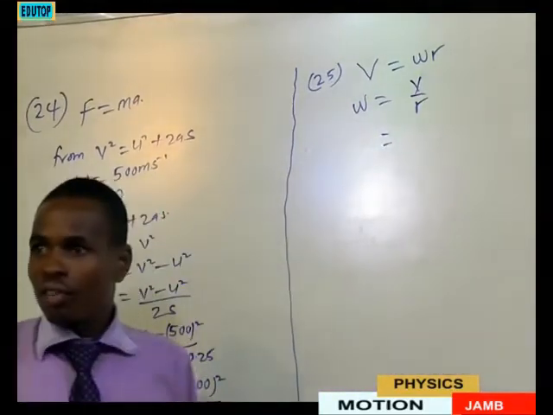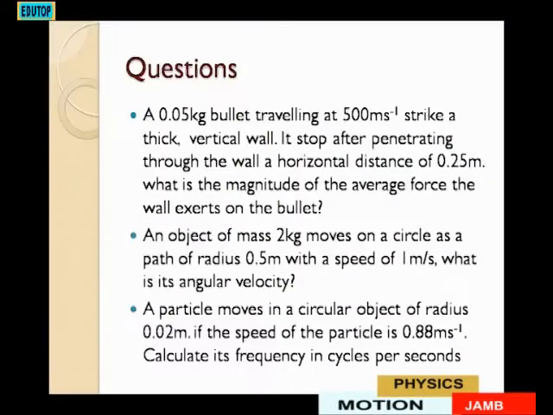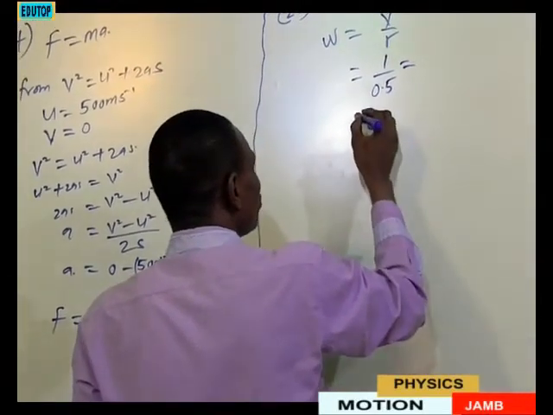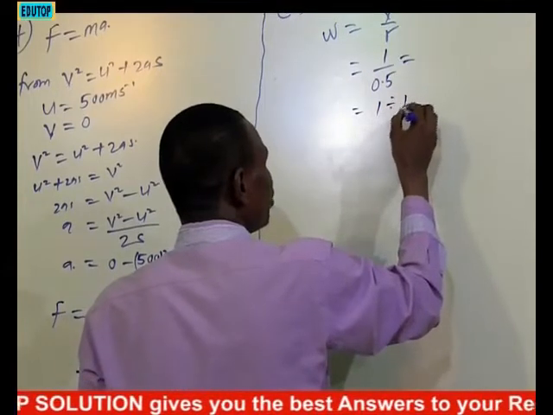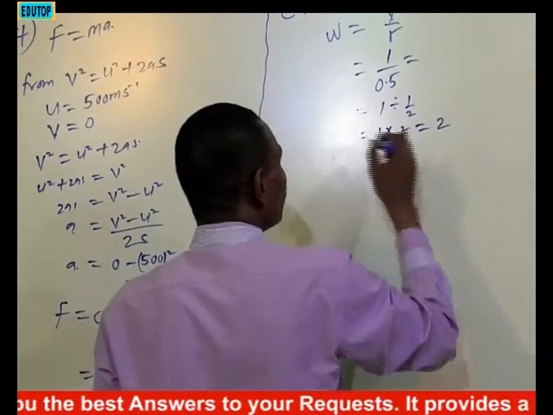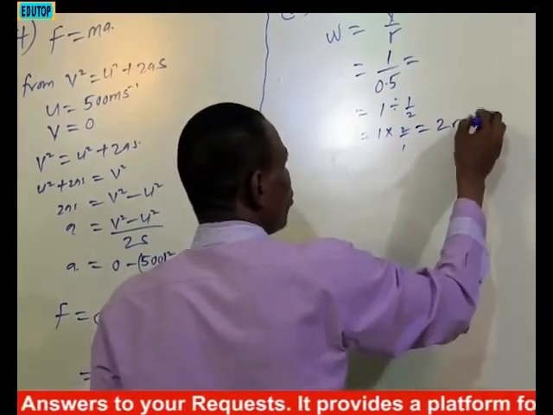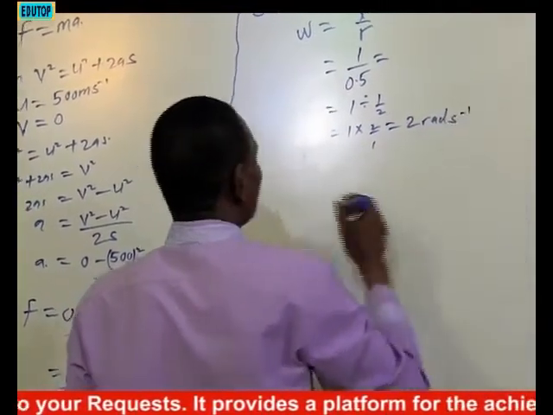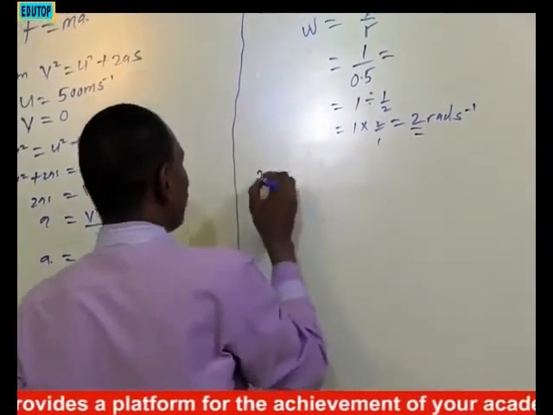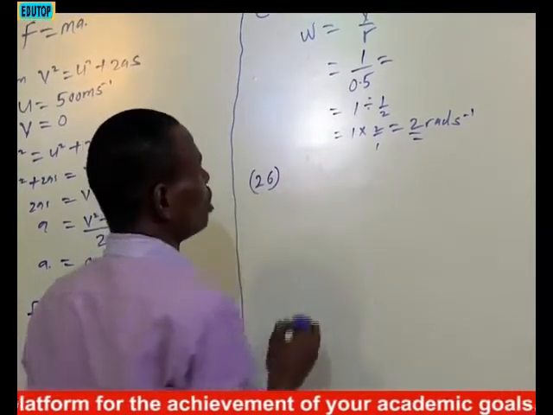We are given v, the linear velocity, a value of 1, and the radius, which is 0.5. 0.5 is half. This is as simple as 1 divided by 1 over 2, which is 1 times 2 over 1, which is 2 rad per second. And that is the solution to question number 25.